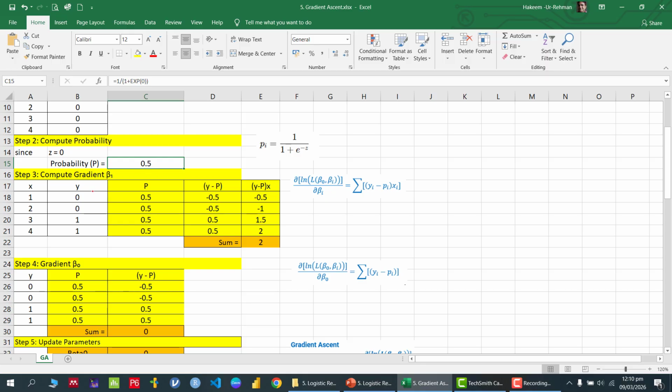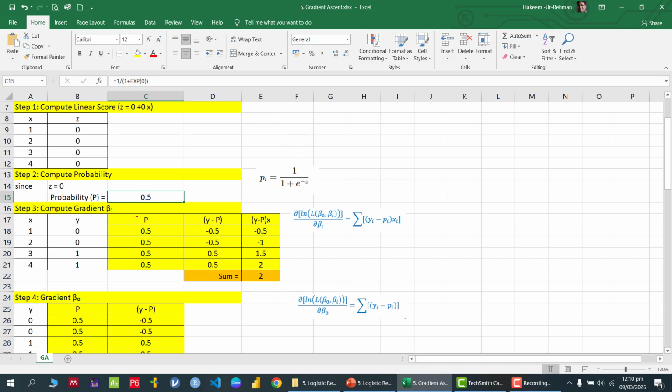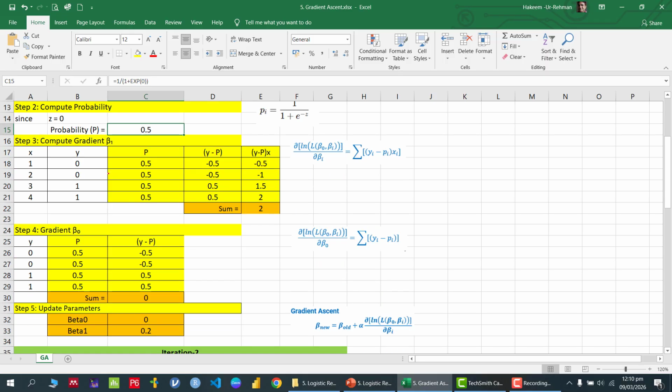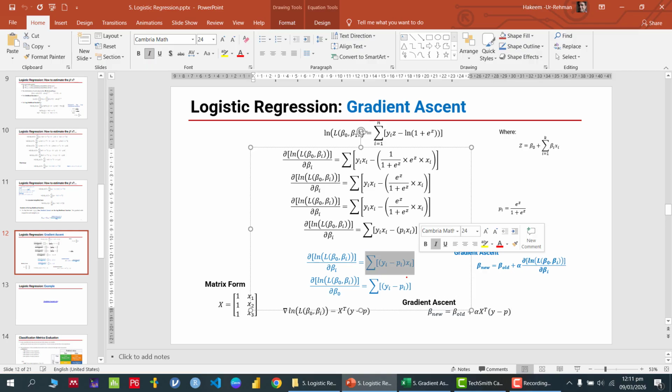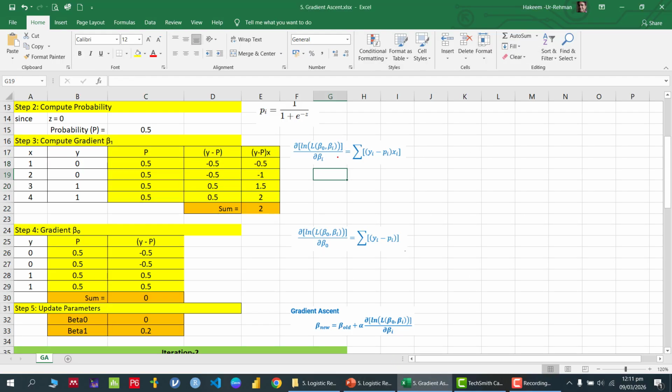Now in step 3 we are going to calculate the gradient of beta 1. So this is xy, and these are the probabilities which we have calculated over here. The gradient of beta 1 is the formula which we have proven over here. How can we calculate this gradient? That is going to be y minus pi.